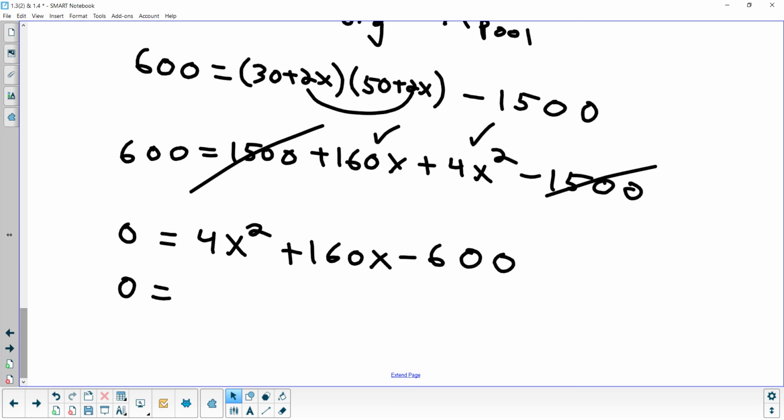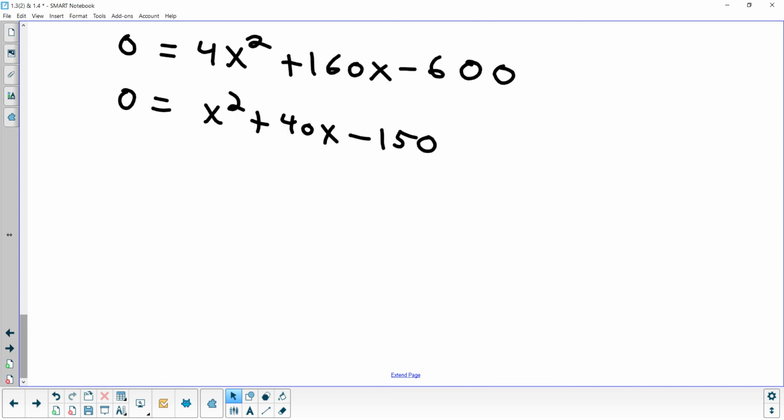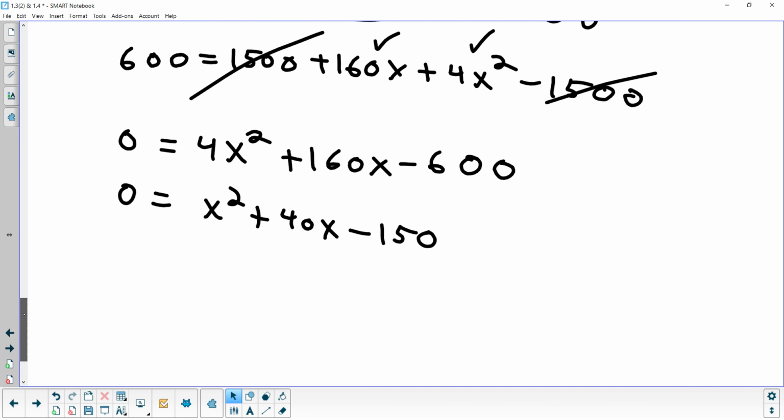Yep. 4. So anytime you can divide it through by a number, that'll make it easier to solve. So there's the quadratic equation that I need to solve. That doesn't factor, just because I remember the answer doesn't come out to a nice number.